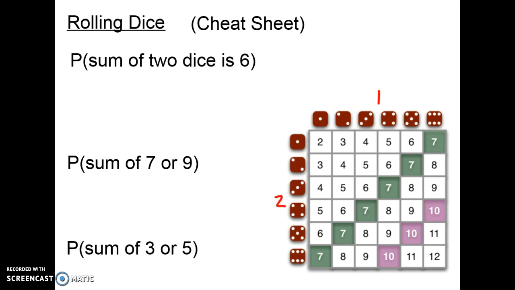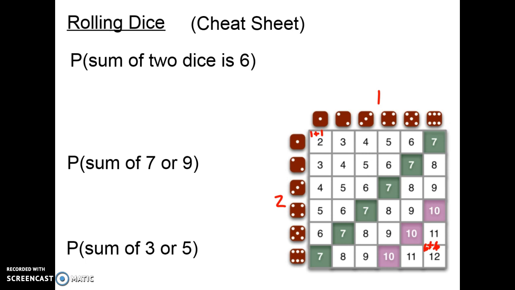You roll them together, and if you were to add them together, so obviously 1 plus 1 would give you 2, all the way down to 6 plus 6 would give you 12. Okay, and so this lays out all the options, and it kind of counts how many are there for you. So you have 6 different ways of rolling a 7, and kind of gives you that distribution right there.